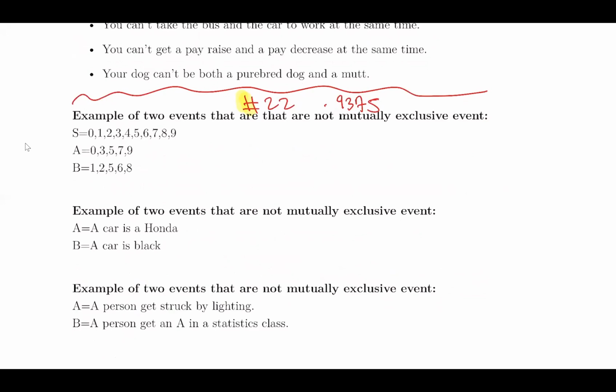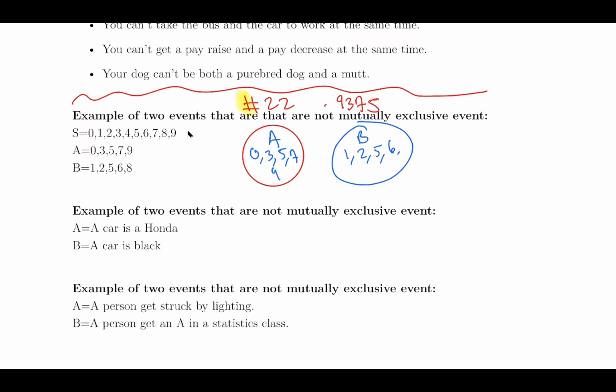If you look at S, the sample space is 0, 1, all the way through 9. Event A is 0, 3, 5, 7, 9. Then event B is 1, 2, 5, 6, 8.